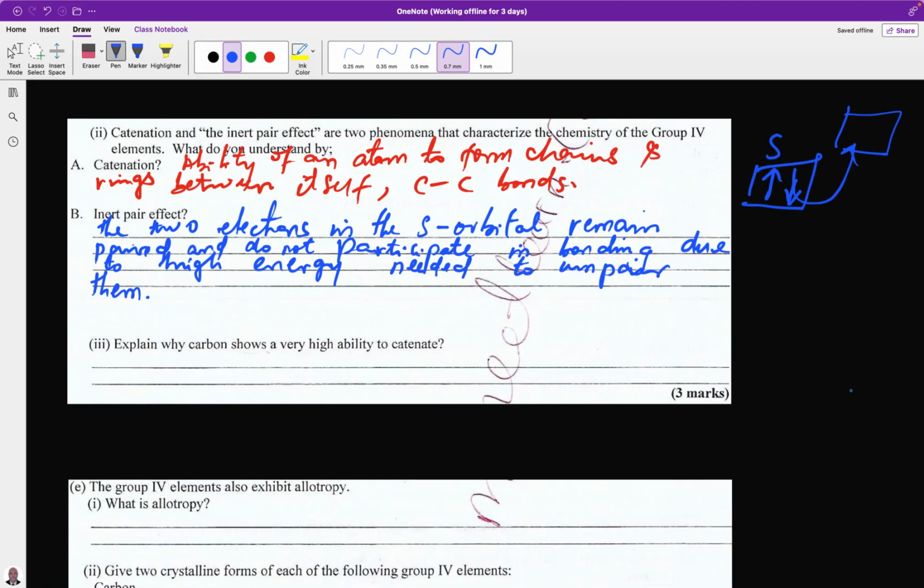The simple explanation is that the ability for carbon to catenate is due to its small size, which makes the carbon-carbon bond very strong.